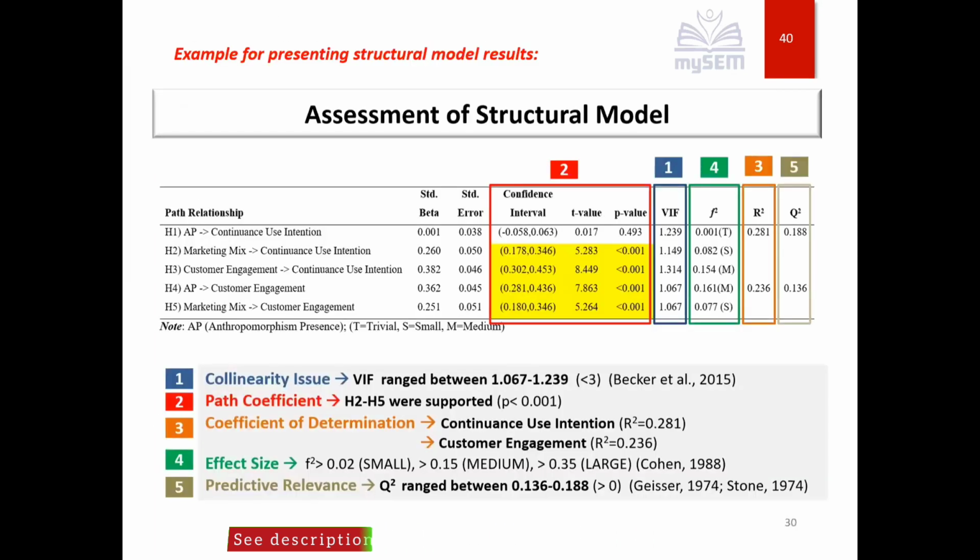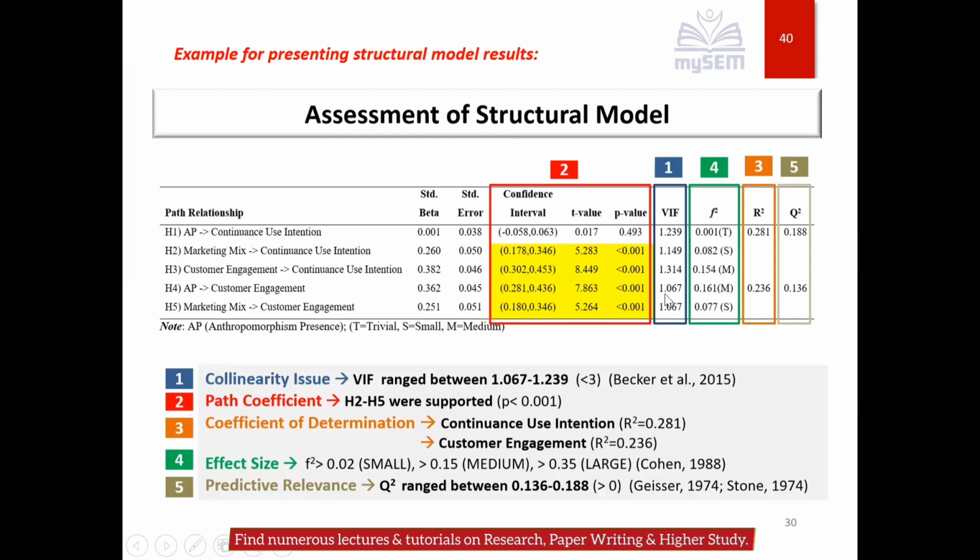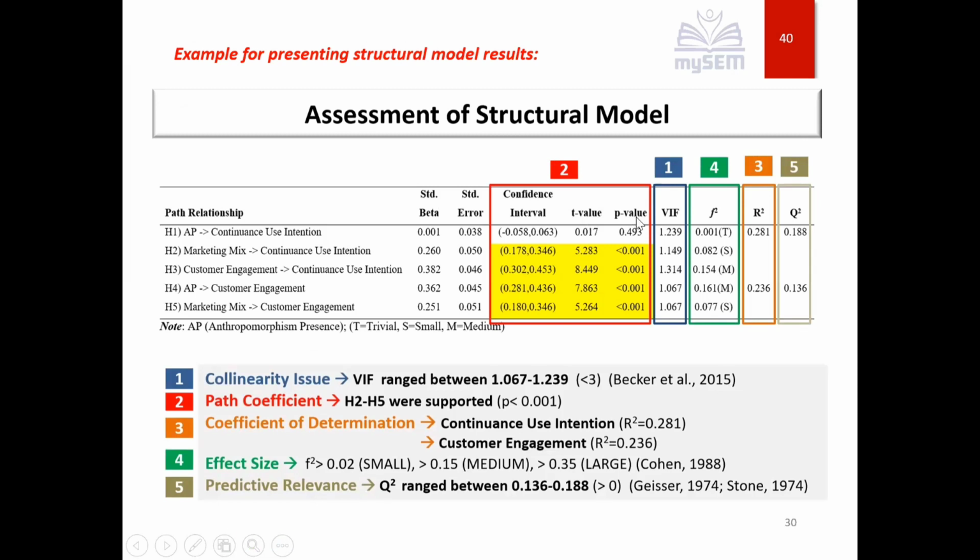Again, in one slide, these are how we will report the whole structural model assessment. See 1, 2, 3, 4, 5. The first step is collinearity issues, VIF. Second is the path coefficient, the hypothesis result based on the p-value, which should be significant, smaller than 0.05. Third is the R square value, which is for the dependent variables and tells about the explanatory power of the model.